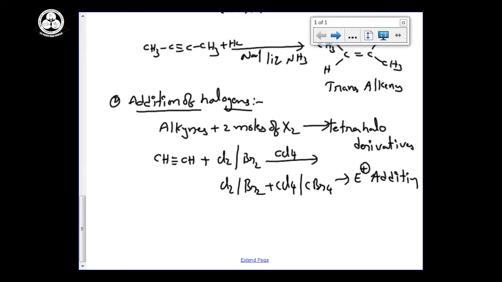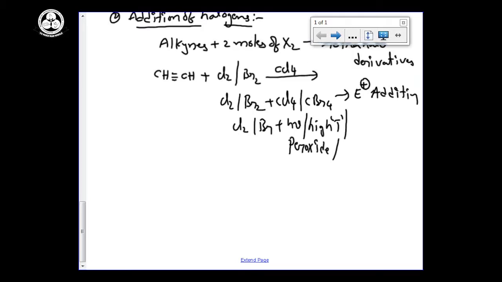The same halogen in the presence of sunlight or high temperature, or in the presence of peroxide or another radical, can undergo free radical substitution reaction.